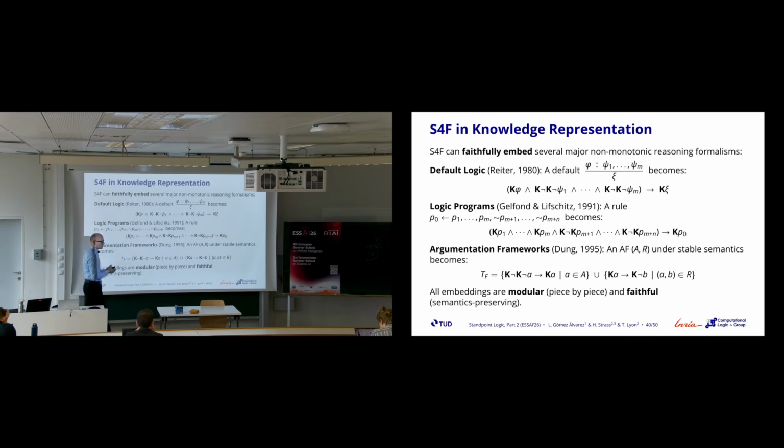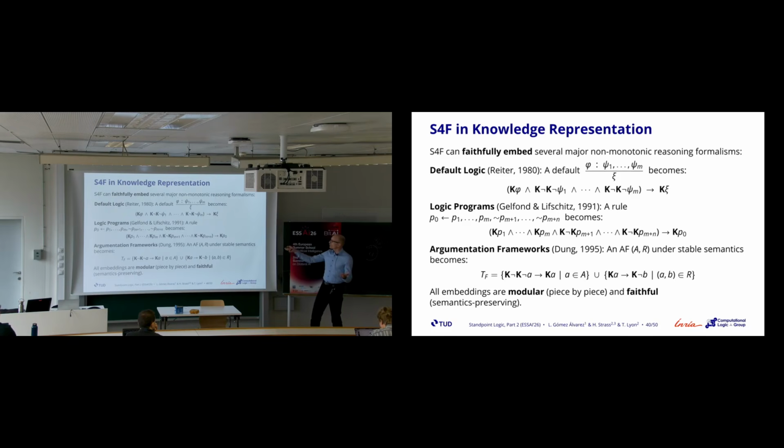And this is an important property because it simply means your translation is much easier to compute. You only have to walk through the knowledge base once and you have your translation. In comparison, the translations that we have seen from standpoint SHIQ, for example, to plain SHIQ, there you had to look at the whole knowledge base, compute all of the precisifications, and then use all of those precisifications, compile them into the vocabulary and so on. Right? So you need to look at everything and use this information then to compile different things.